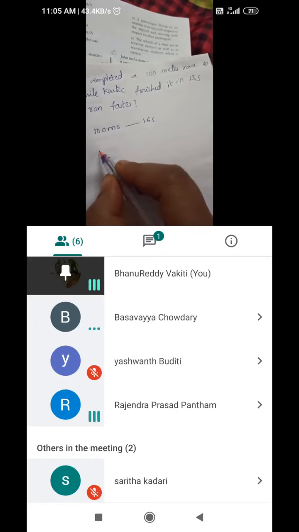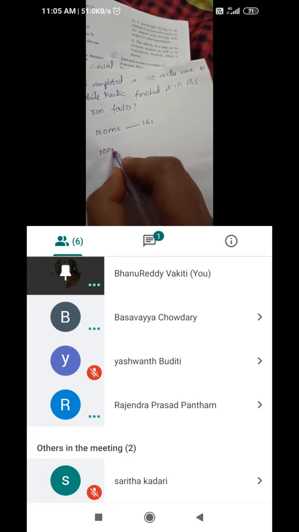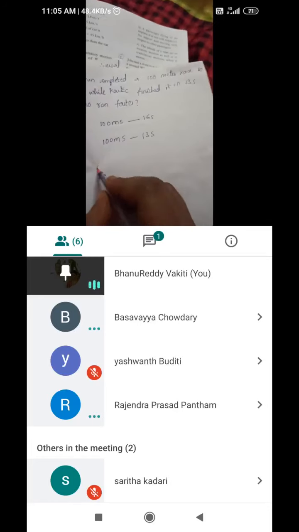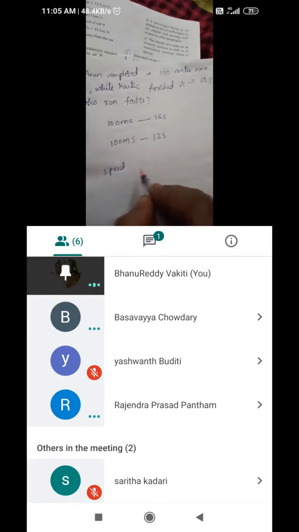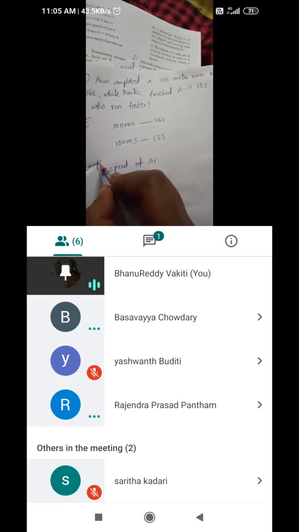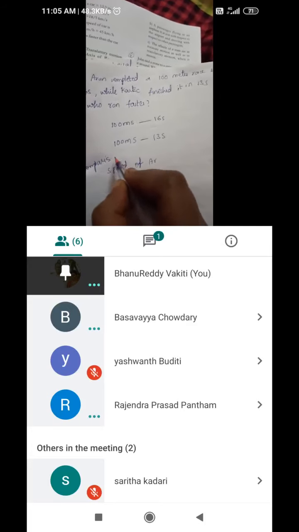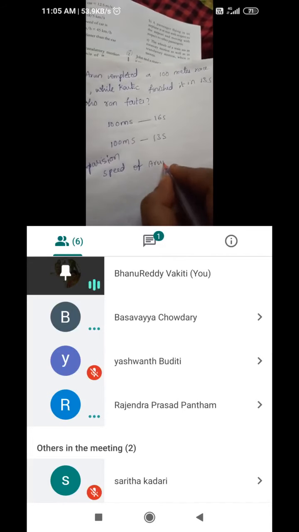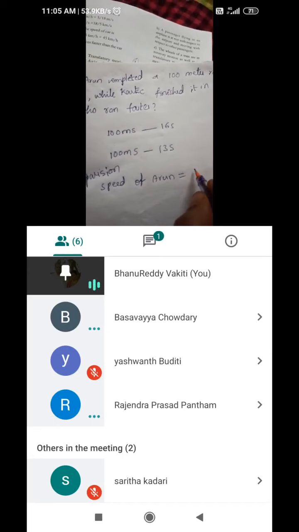And here also, yes, Nana, 100 meters in 13 seconds. Yes, here speed of Arun is equal to... I am comparing, Nana. Comparison we are doing here. Okay na? Comparison. Speed of Arun is equal to distance by time.